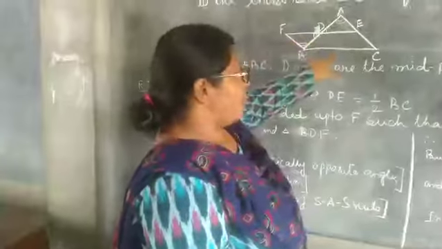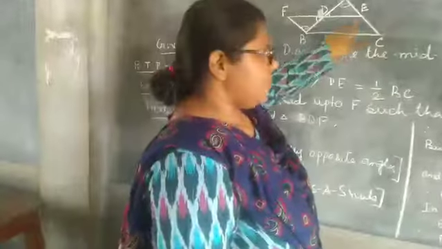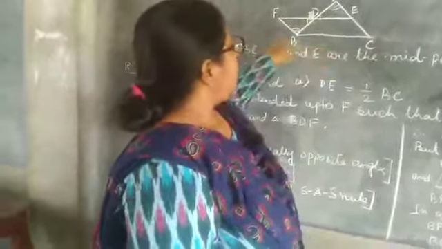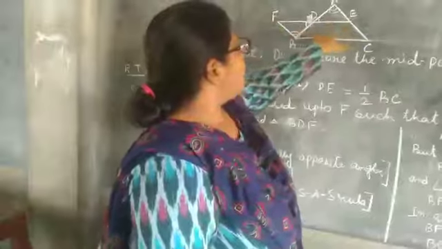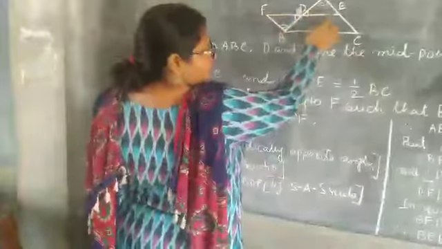Now in this parallelogram, look, DF is parallel to BC. So we can say that DE is parallel to BC, because DF and DE are the same line, and BC is equal to EF.